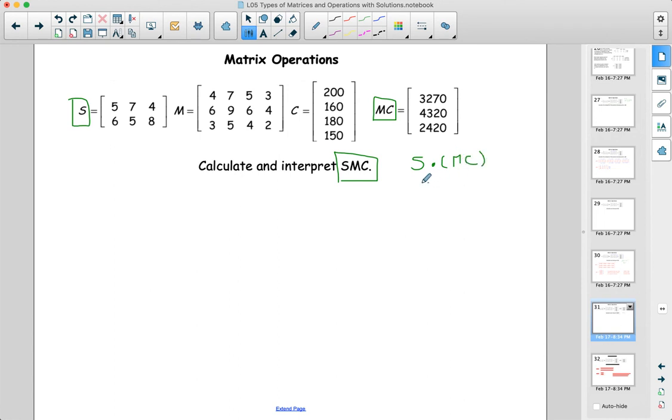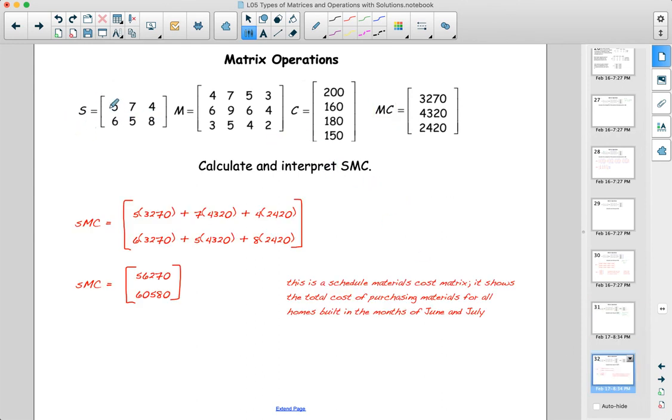Something interesting to explore might be for you to find SM first and then multiply that by C, and this will test to see whether matrix multiplication is associative. We've discussed that it's not commutative. All right, so you're now going to multiply S by MC, and then you're going to interpret what you get. And this will be our final time to ponder pause. Zooming to take up this last question.